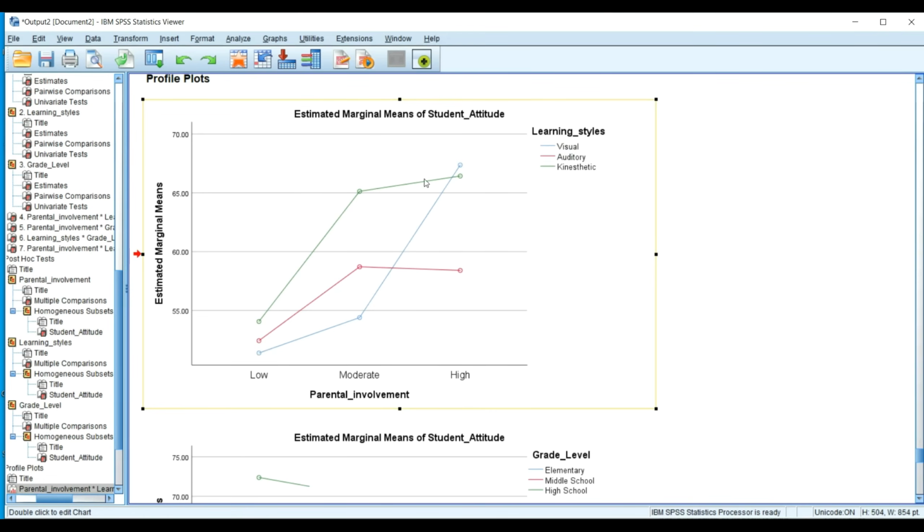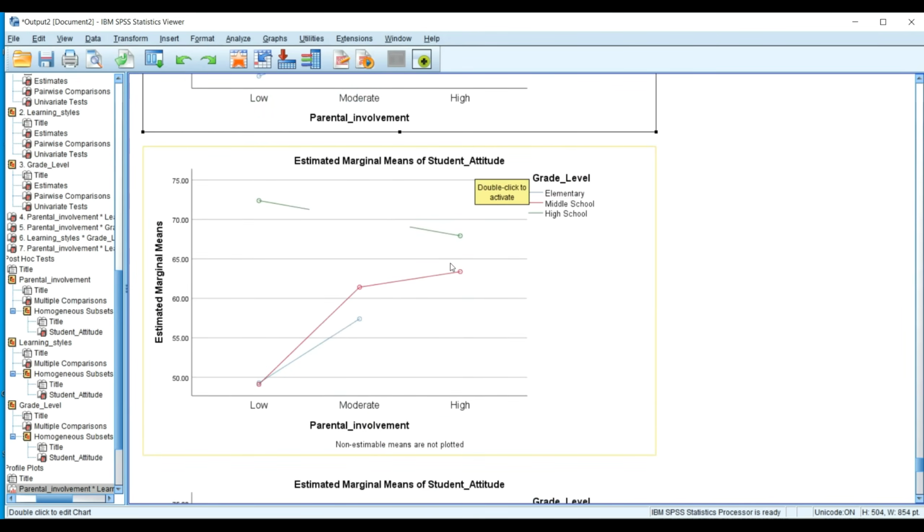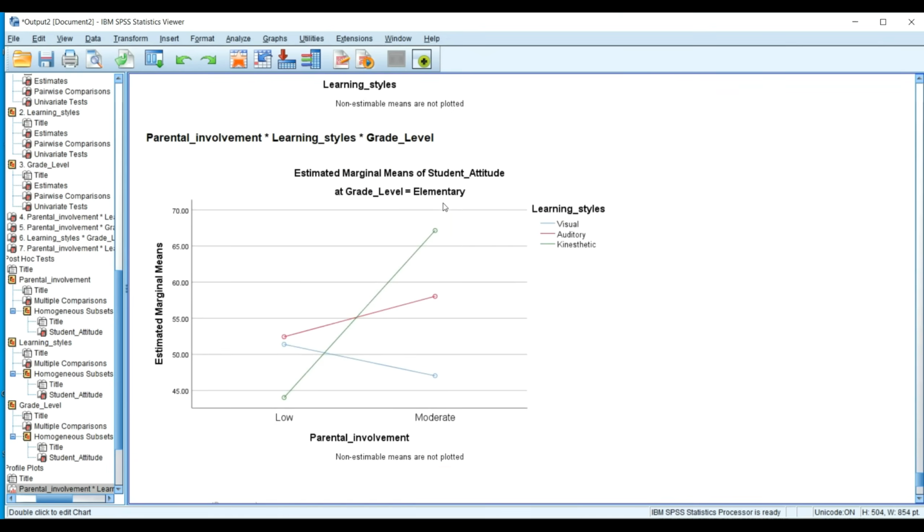And then at the average or moderate level of parental involvement, you can see the contribution so far. This is the same thing that we have seen in the tables. And then when parental involvement is high, you have a higher contribution towards student attitude. The same thing played out here.